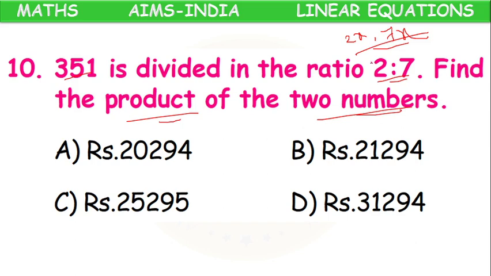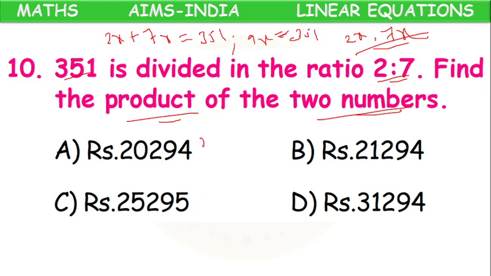Means it is divided into two parts, 2:7. Means one part is 2x, other part is 7x. If we add both, it is equal to 351. So then 9x equals 351.